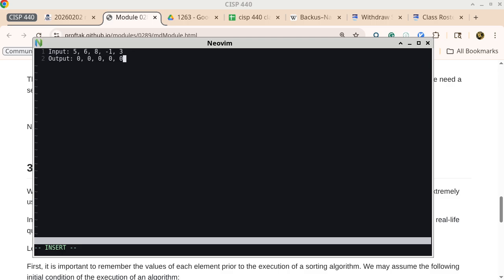For the output, I need the first one first. So we're going to say for all i in 0, 1, 2, 3, I'm going to use exactly the same thing, so I'm just copy and pasting right now. This is one requirement.